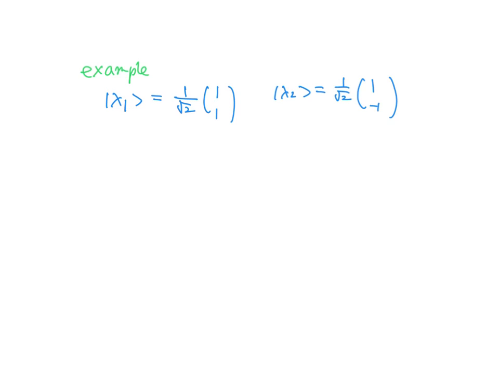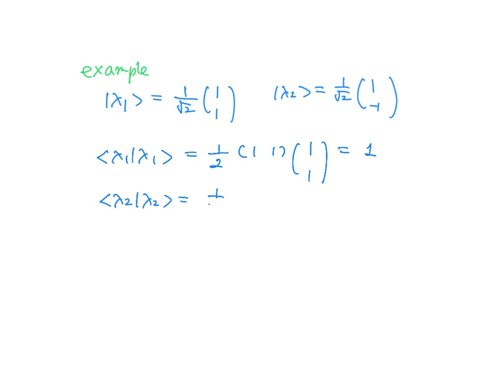So how about lambda 1 with lambda 1? It's 1/2 times (1, 1) dot (1, 1), so we have 1. Lambda 2 with lambda 2 is 1/2 times (1, minus 1) dot (1, minus 1), so it is 1.